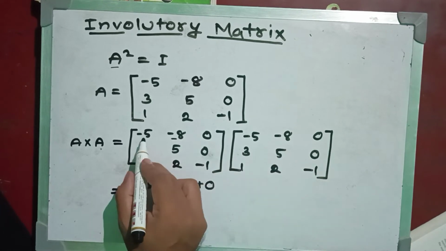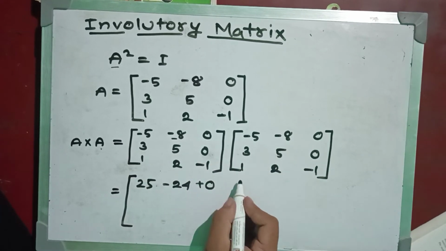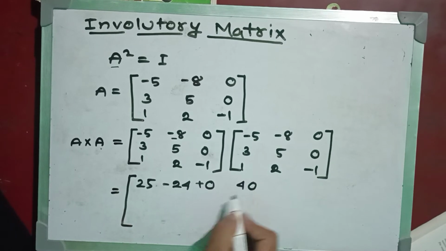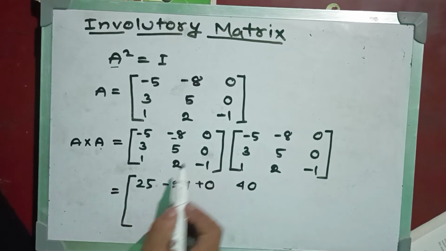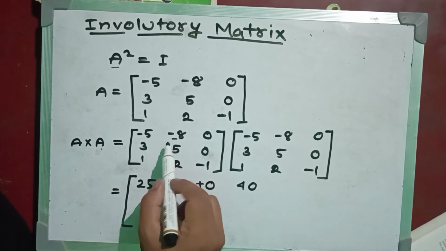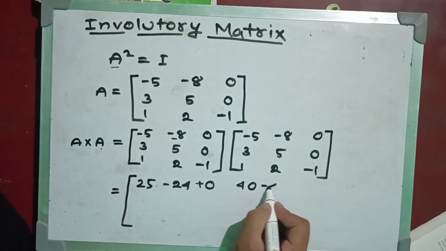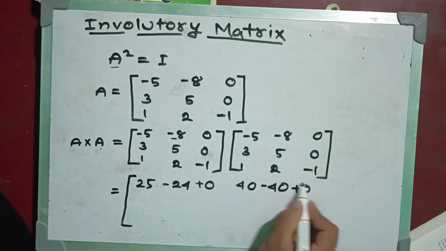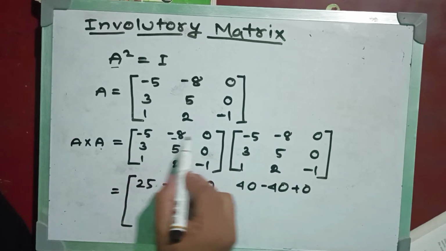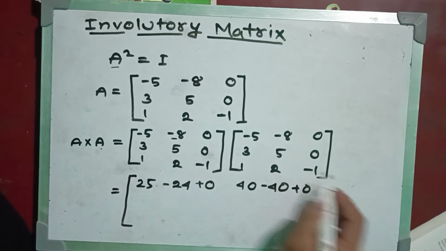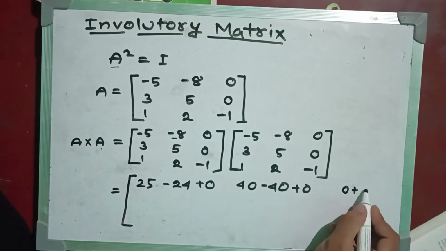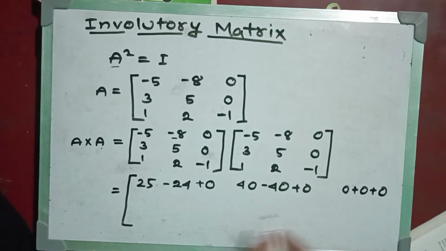So it's -5 into -8, that means 40. Now -8 into 5, that means minus 40, plus 0, 0 cross 2. First row third column, so it's 0 plus 0 plus 0.